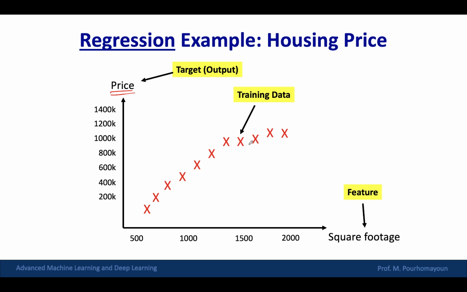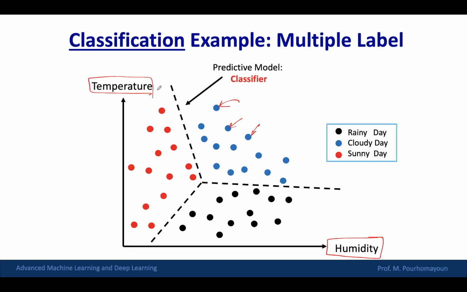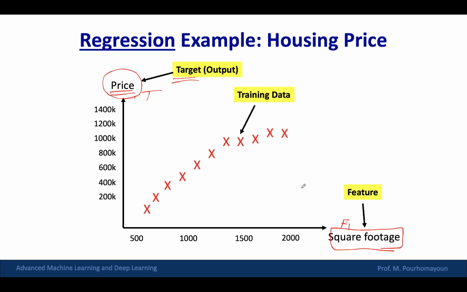But in this graph, only this one is a feature, and this is the target, the output that I want to predict. So I have one feature only here, and this is the target. But in this case, I have two features. This is feature 1, this is feature 2, and the color, this label, is the output that I want to predict. Remember that.